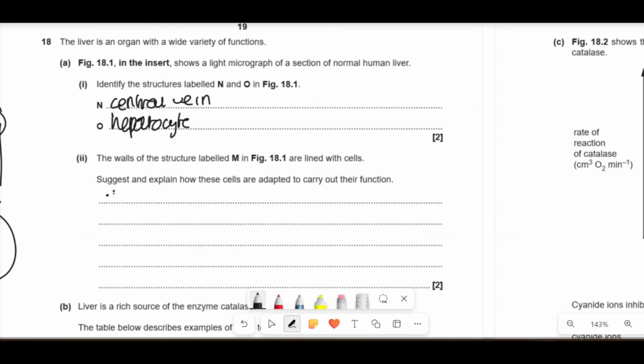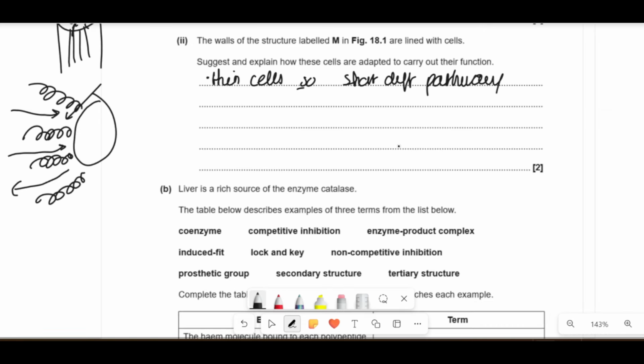So one thing you could say is that the cells are thin, so there's a short diffusion pathway. Additionally, you could say that the cells on these little levels are fenestrated, which means they've got little gaps, and that means you can have permeability. To fenestrate, like defenestrate, is to throw somebody out the window. So fenestrated means it's got windows in it, like little holes.